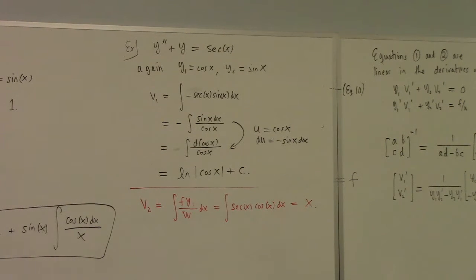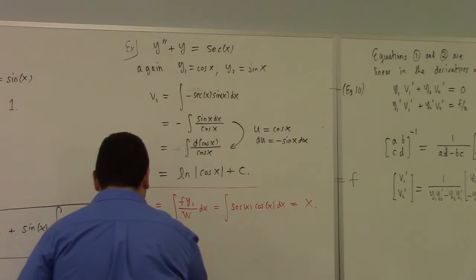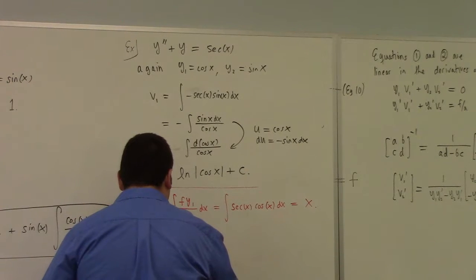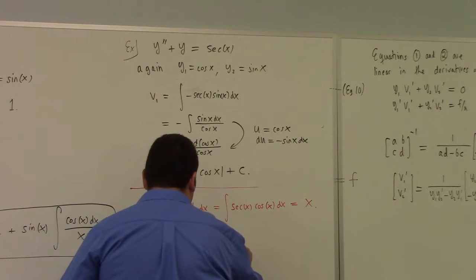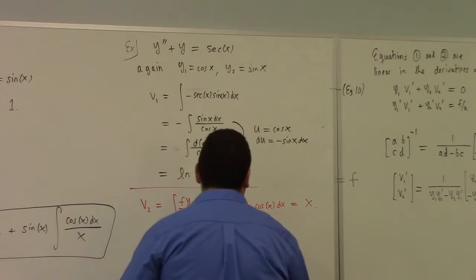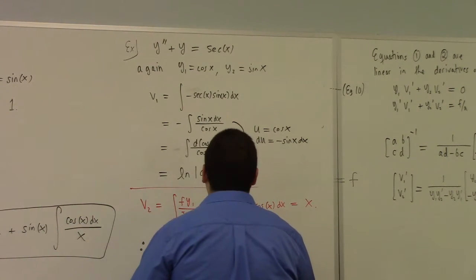All right. So therefore, y equals c1 cosine x plus c2 sine x plus, where was I?